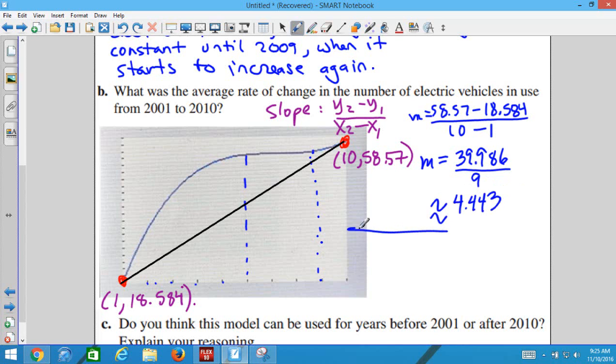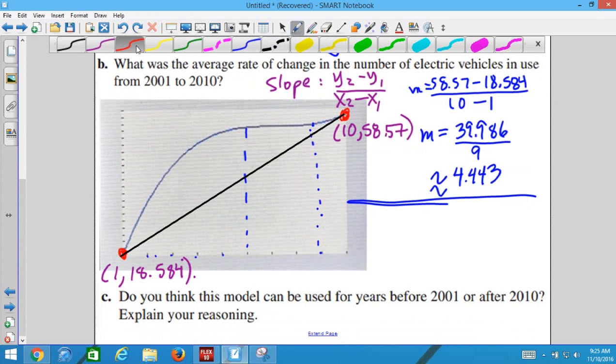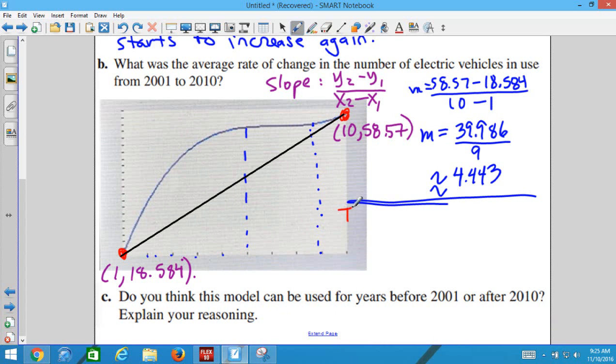But in the context of this situation, what does that mean? Is it really just four cars? Right.